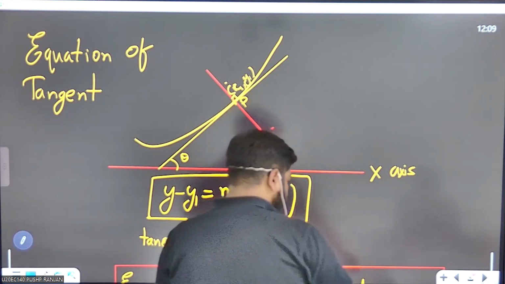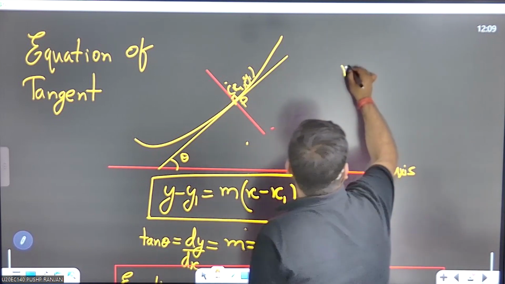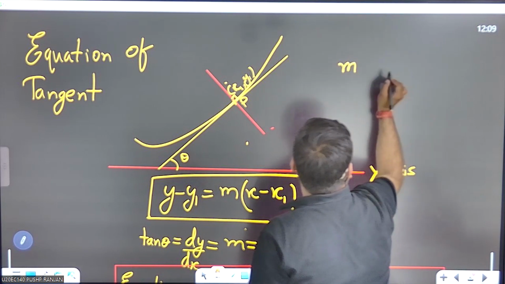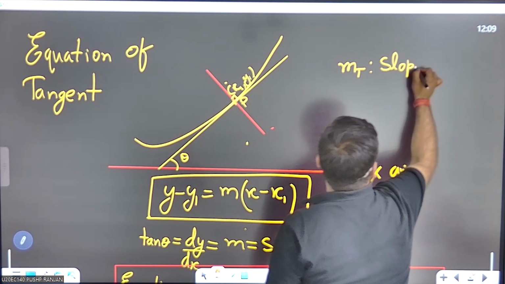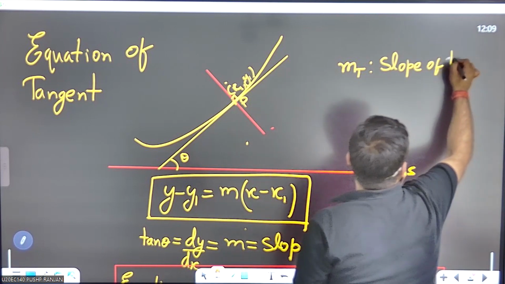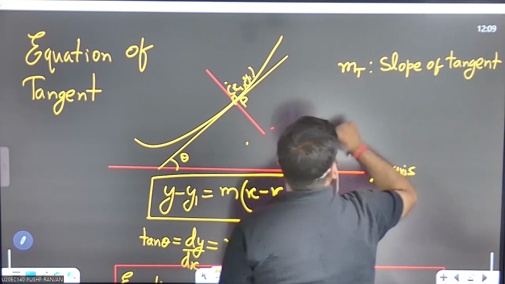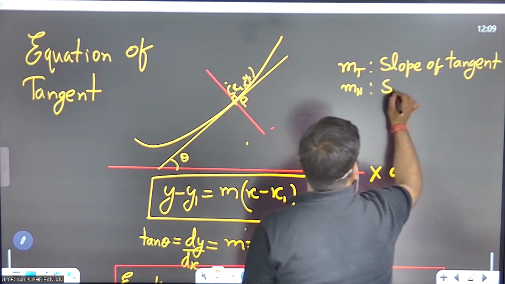I'm going to recall it for you over here. I denote the slope of tangent as Mt, and Mn as the slope of normal.